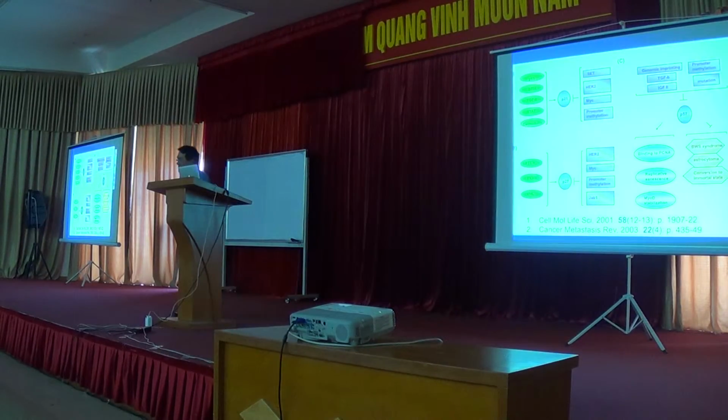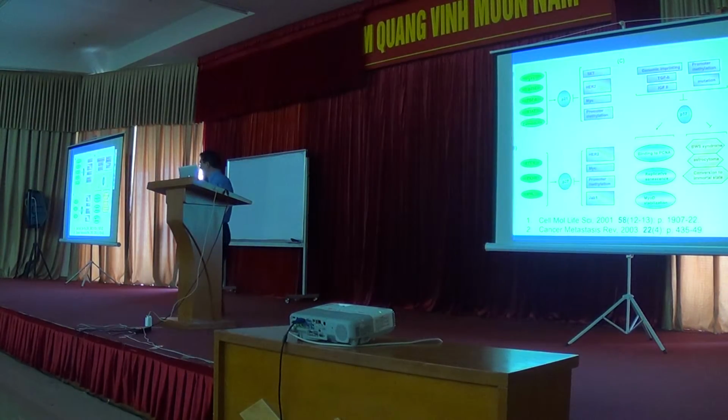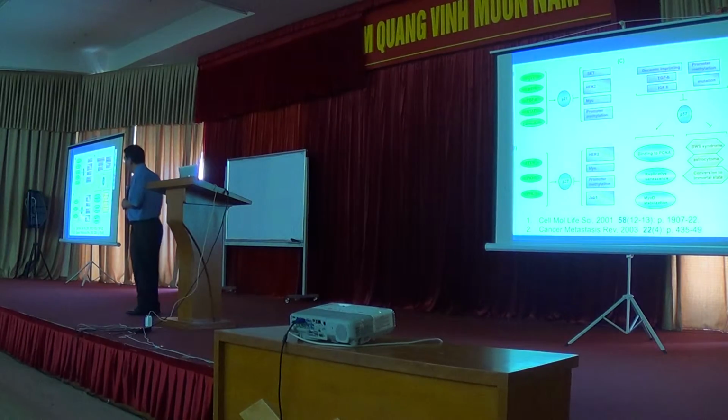And these positive regulators are usually tumor suppressor genes. For example, PTEN, okay? When you study cancer, you always hear about this particular tumor suppressor gene that is particularly mutated, called PTEN.